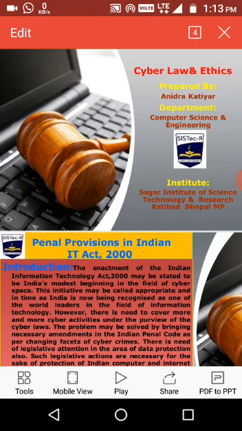However, there is a need to cover more and more cyber activities under the purview of cyber laws. The problem may be solved by bringing necessary amendments in the Indian Penal Code as per the changing facets of cyber crimes. There is a need for legislative attention in the area of data protection.